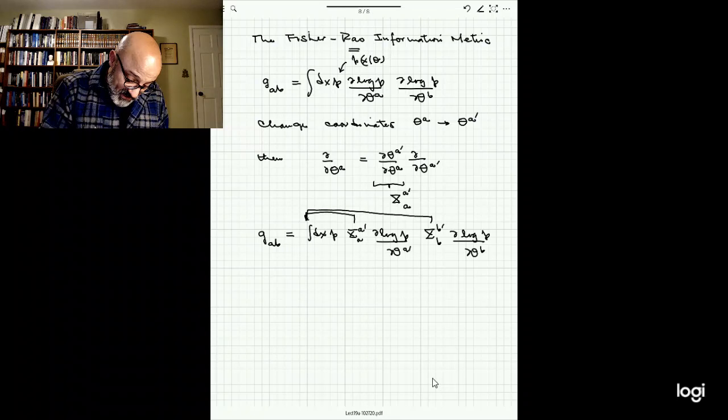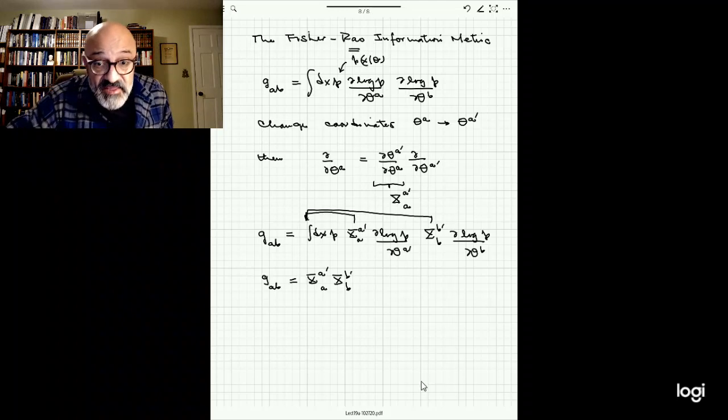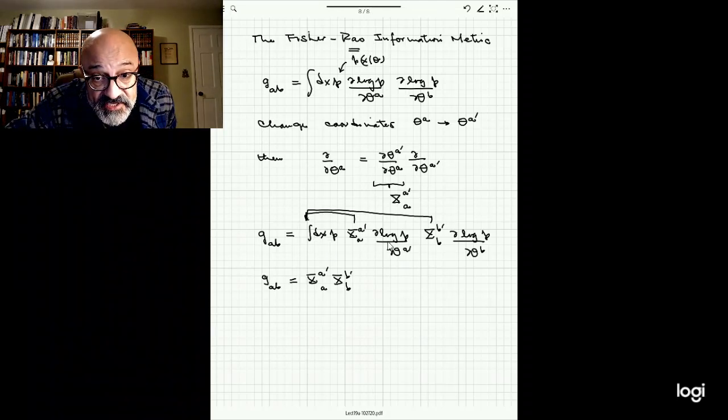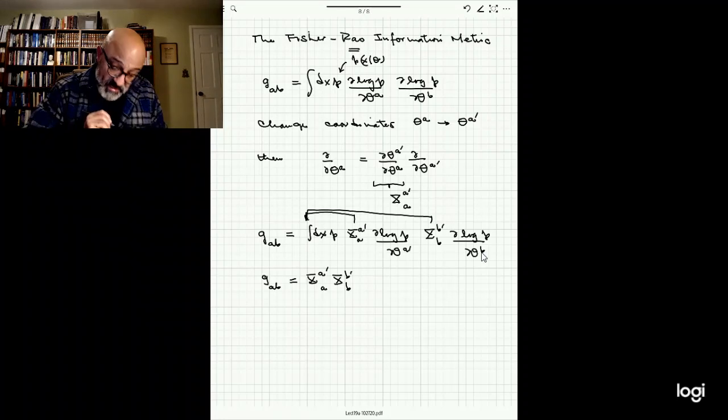And so the net result is going to be x prime a a, x prime b b, and then the term that remains is just the same formula that you had for the information metric before, but now with primes. There is a prime missing there.